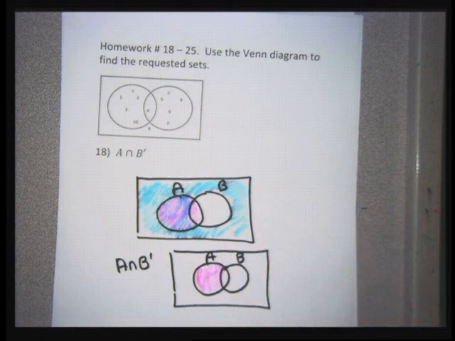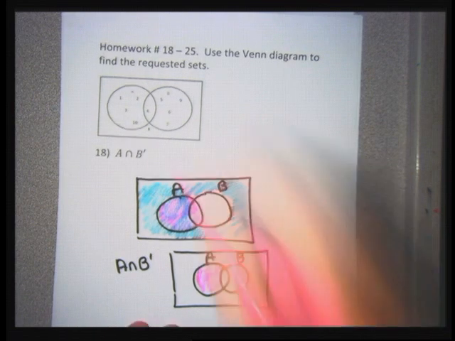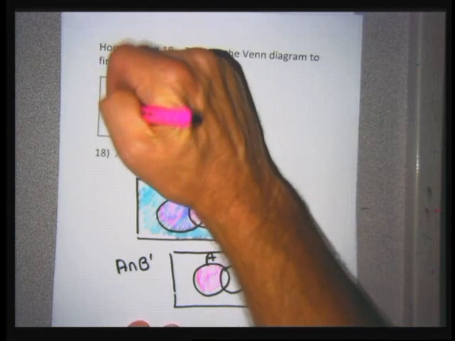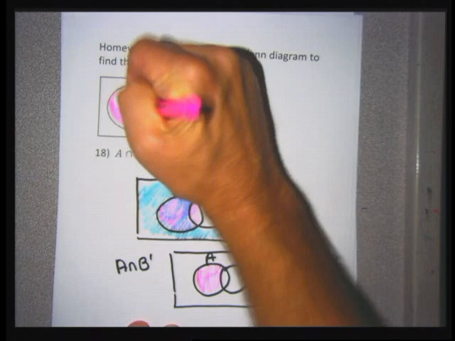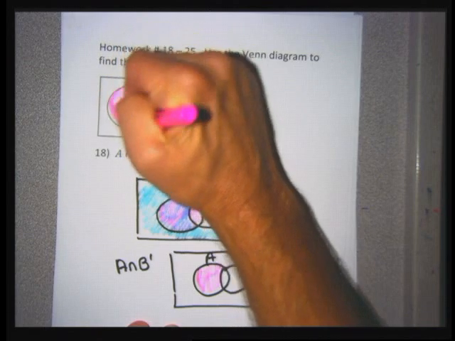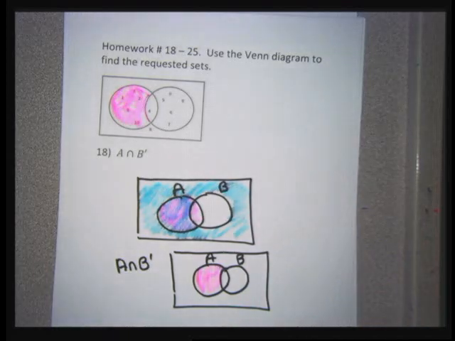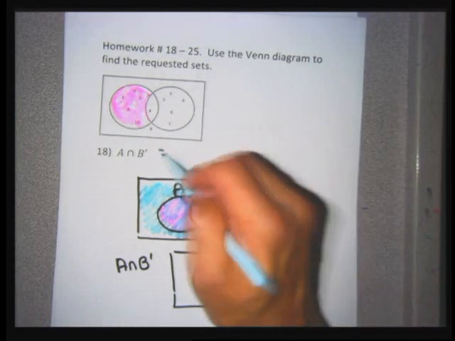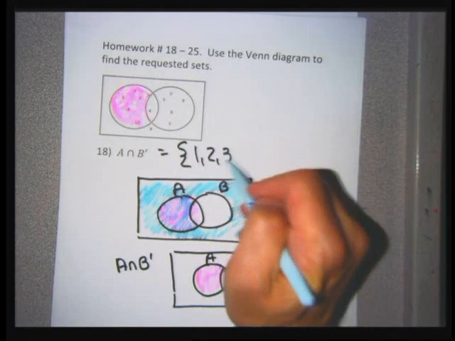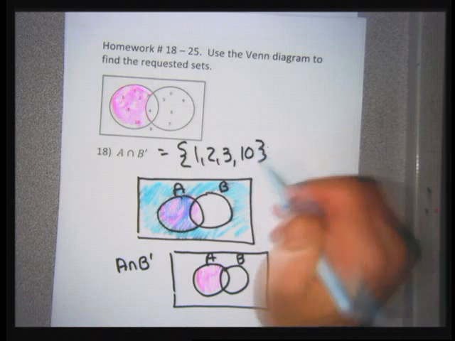That's the region A intersection B prime. I'll apply that shading to the graph that's given in the problem, and any number that's in that set is going to be part of my answer. And again, I think I can just write the answer down without having to go through every number. So for 18, the answer is going to be 1, 2, 3, and 10.